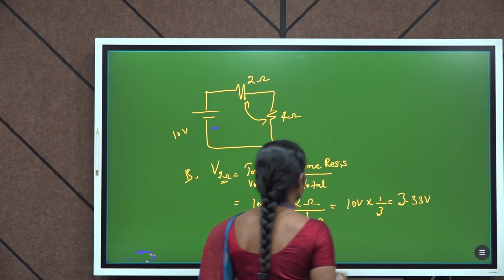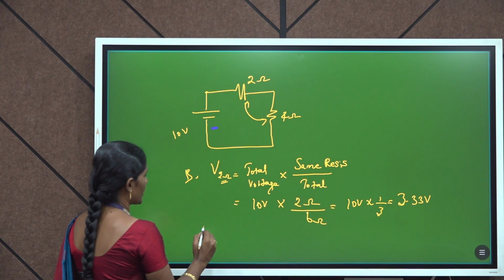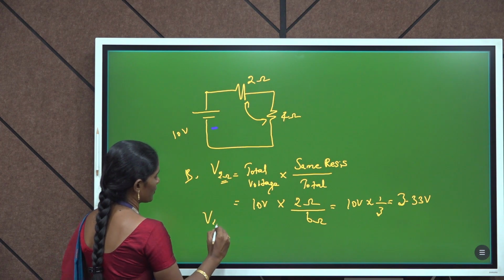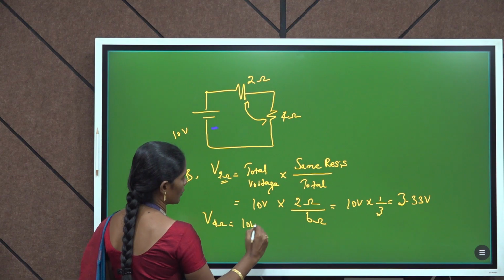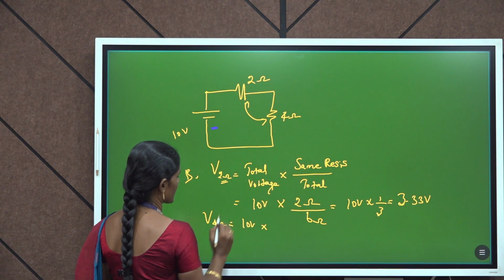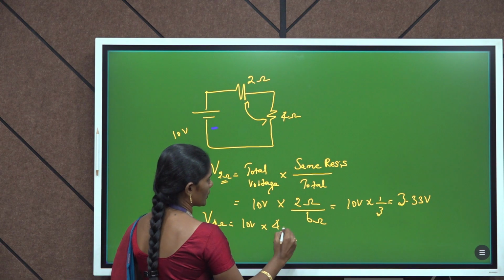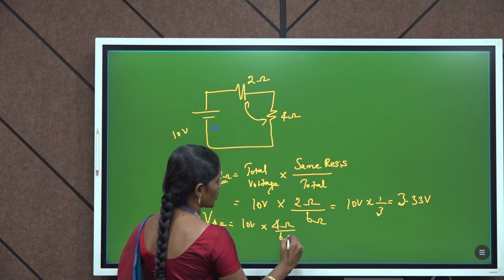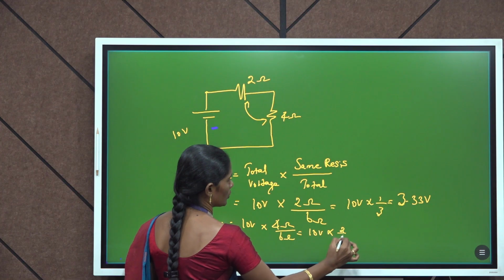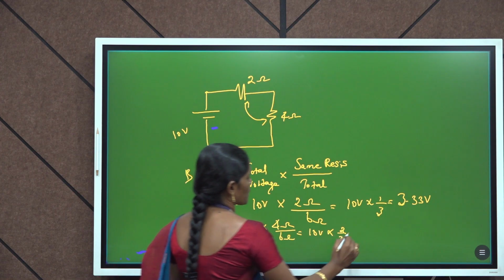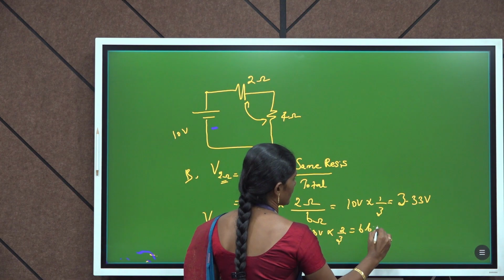is equal to 3.33 volt. Then the voltage across the 4 ohm resistance, by using the same rule, is the total voltage 10 volt multiplied by the same resistance, 4 ohm, divided by the total resistance 6 ohm, that is 10 volt multiplied by 2 by 3, which is equal to 6.67 volt.